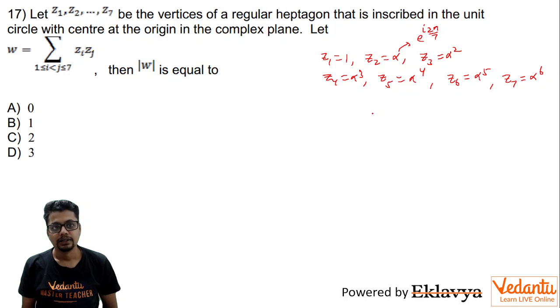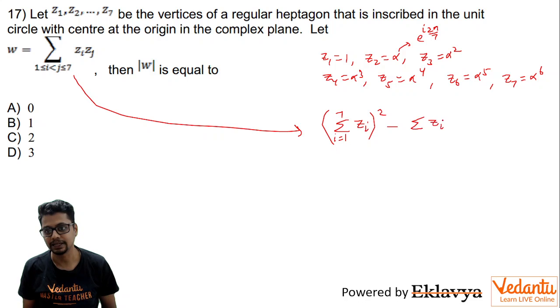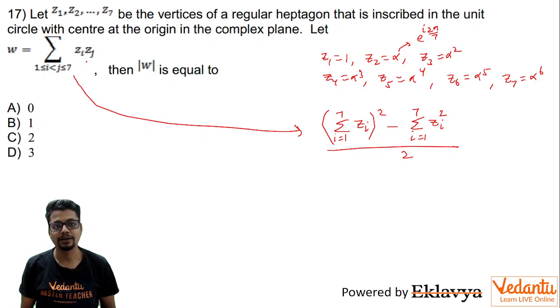So this thing I may write as (sigma Zi, i equal to 1 to 7, whole square minus sigma Zi square, i equal to 1 to 7) whole divided by 2. It's very simple. The sum of product of two terms taken at a time, whatever be the number of terms, is the square of the sum of those terms minus the sum of squares of those terms, divided by 2.